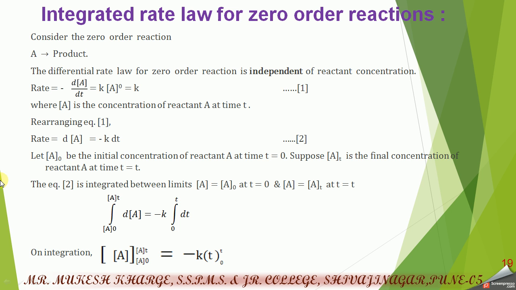So what is the value on integration? dA on integration gives A from A0 to At, which is equal to minus k, which is constant, into t from 0 to t. We substitute the limits: upper limit minus lower limit. So At minus A0 is equal to minus kt.